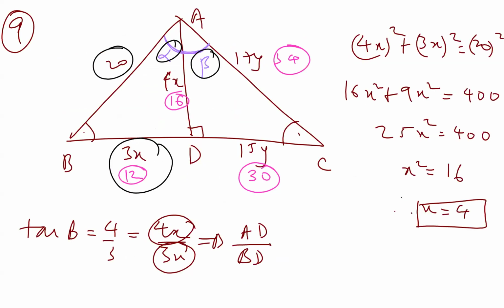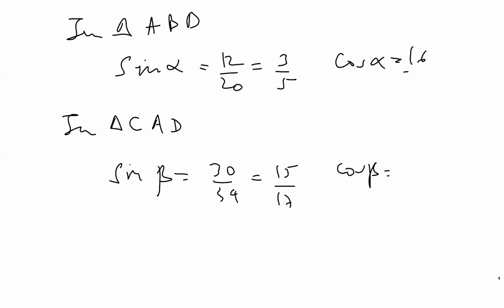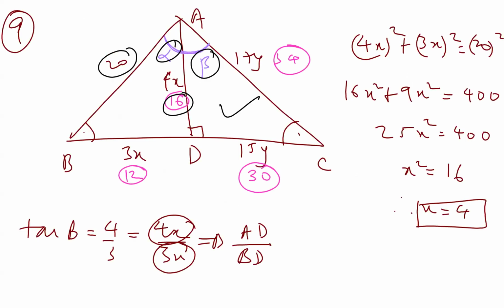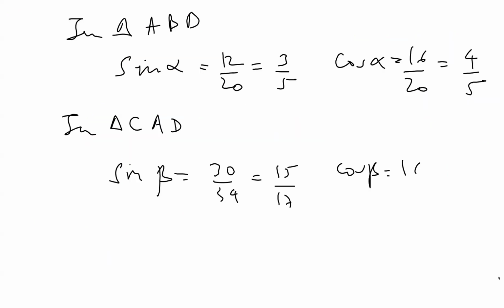Cos alpha in triangle ABD is adjacent upon hypotenuse, 16 upon 20, which is 4 by 5. And cos beta is 16 upon 34, adjacent upon hypotenuse. So we got the value of cos beta.